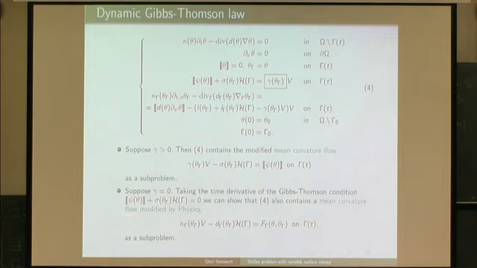That also looks like a mean curvature flow, although this is non-local here. So even in the case that gamma is zero, so no kinetic undercooling, you still have a dynamic condition in here.